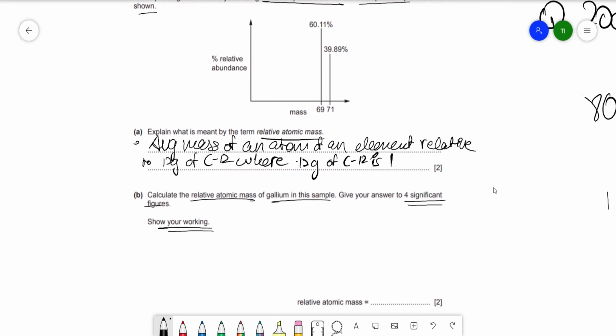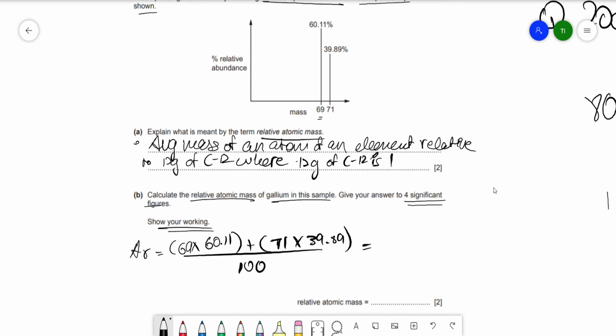Well, using the formula I mentioned before, AR would be, so what is the mass given? Mass is 69 times the relative abundance of that 69, which is 60.11, plus 71 times 39.89, and this whole thing is divided by 100. And what would the answer be?